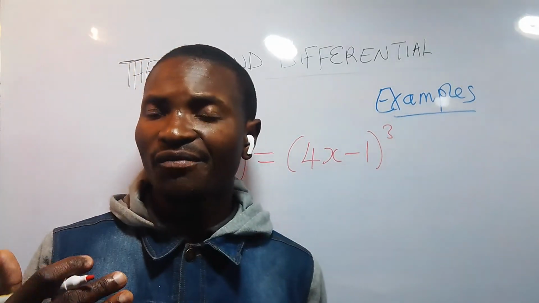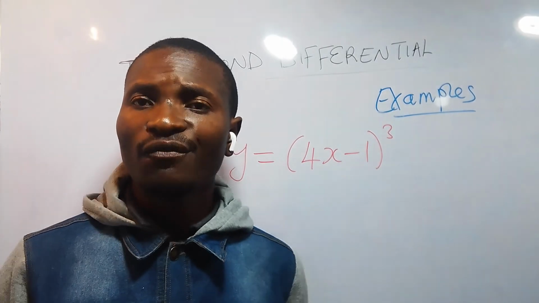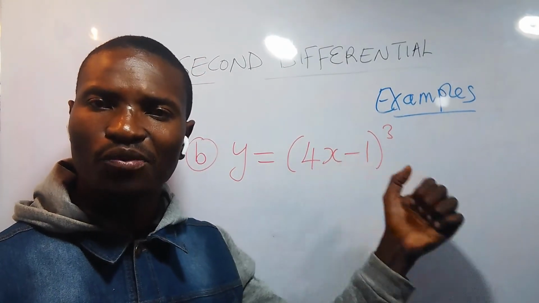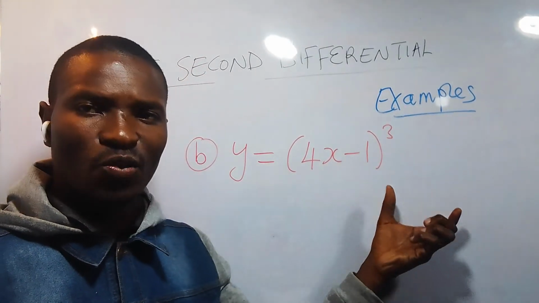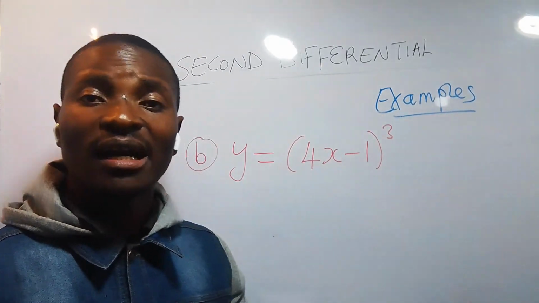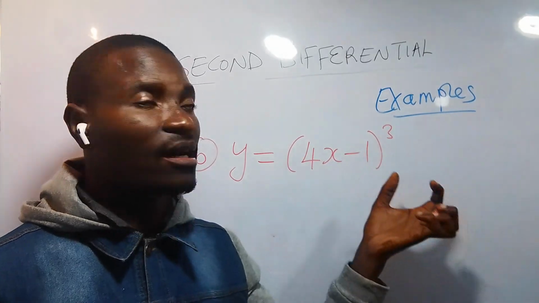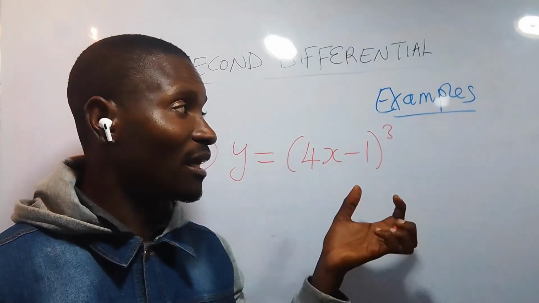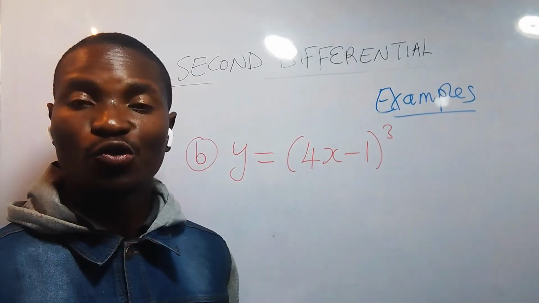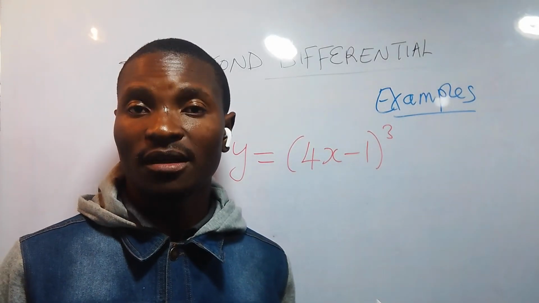It's cumbersome to start multiplying 4x minus 1 by 4x minus 1, again multiplied by 4x minus 1. There is actually an easier way that we can follow to differentiate with ease.